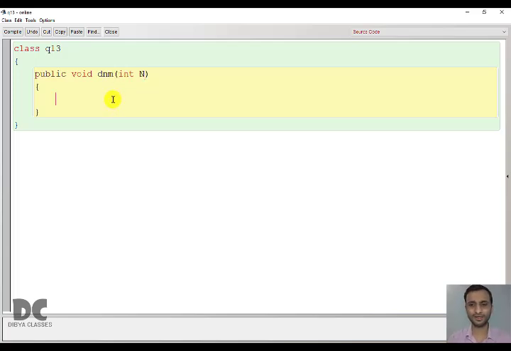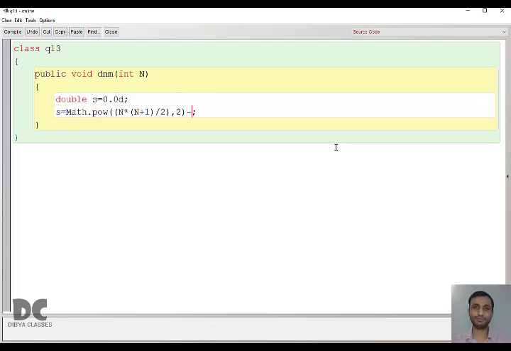And then we'll calculate S, where S is given by the formula n into (n plus 1) divided by 2 whole square. Now how to find square? You can use math function, Math.pow, 2 minus 1 cube, that is 1 into 1 into 1.